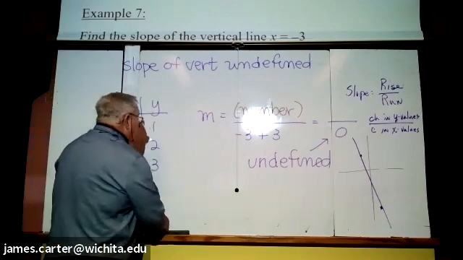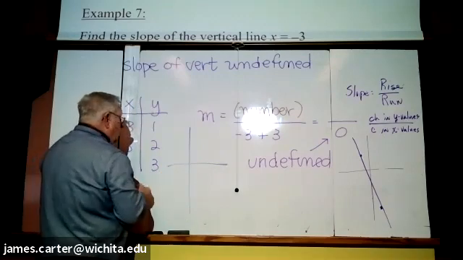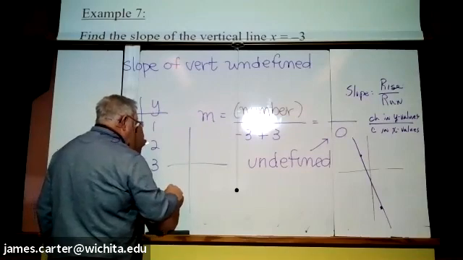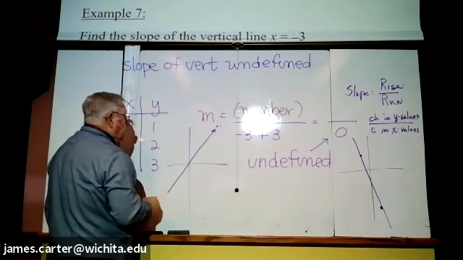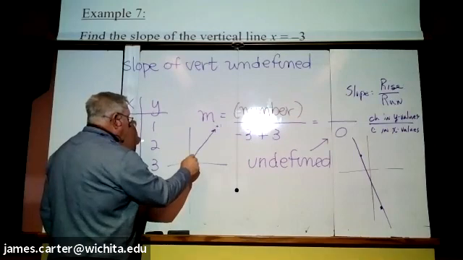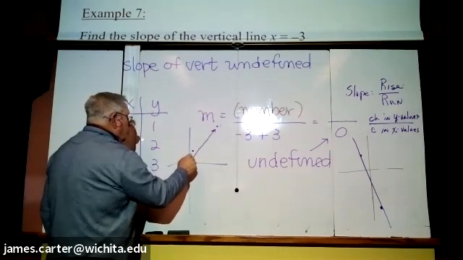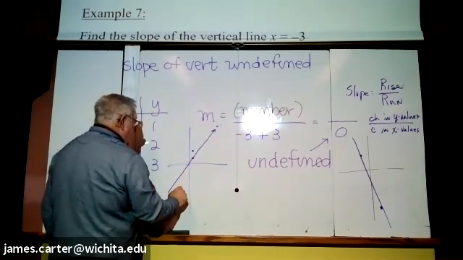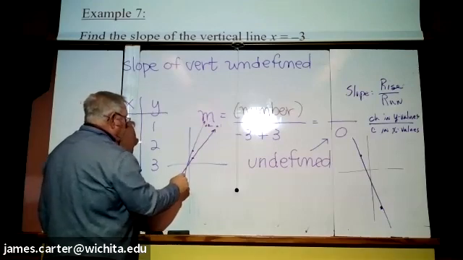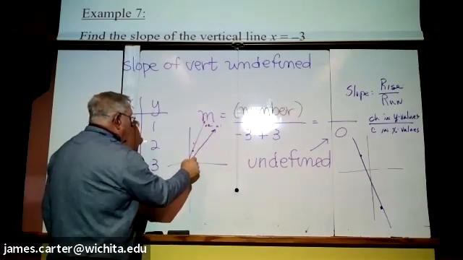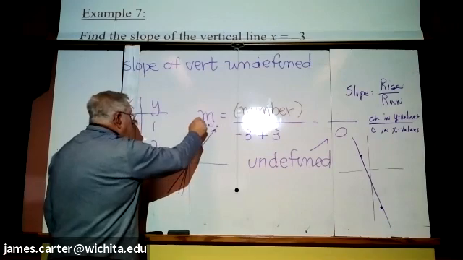Now, what we'll find out in a little while is that, for example, if I had a slope of +1, it would go like this. If it had a slope of 2, then this line would go like this. If it had a slope of 3, where X is 1, Y would be 3, and it would go like this.